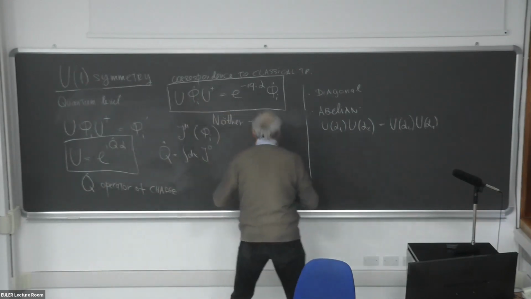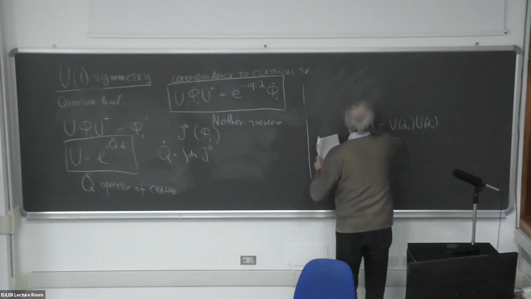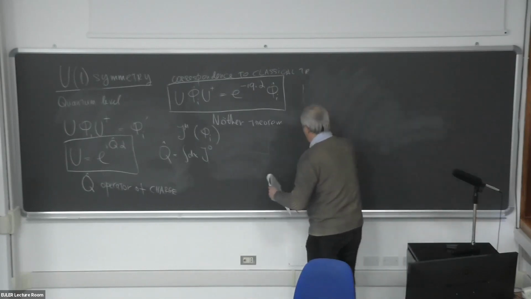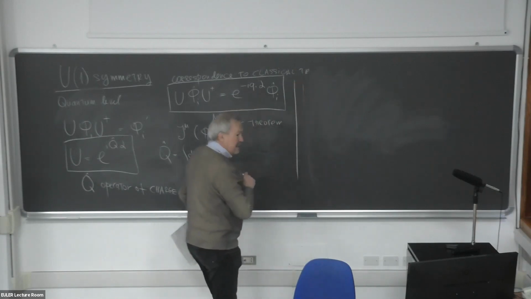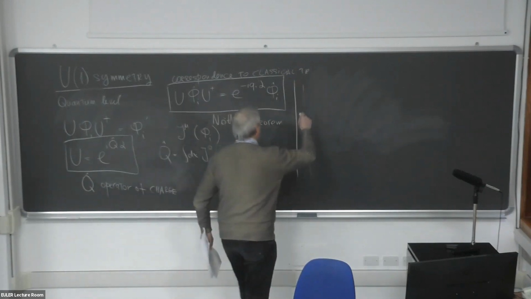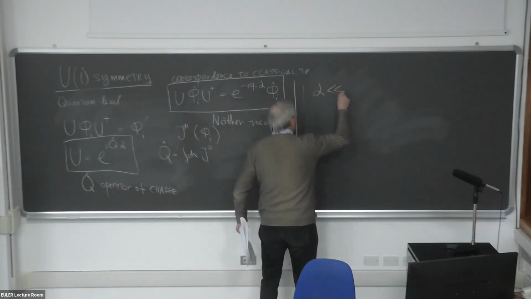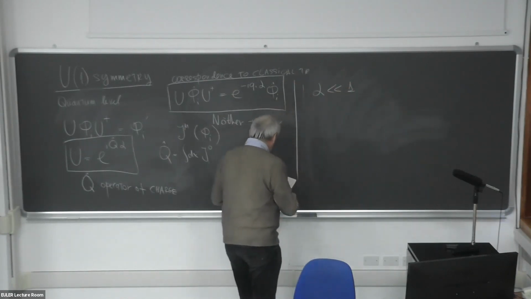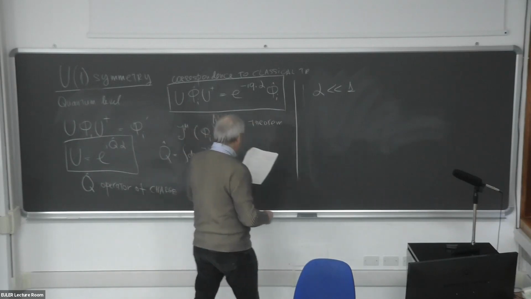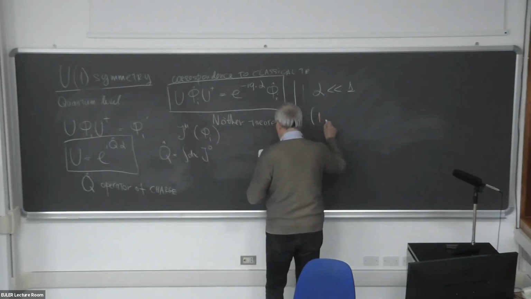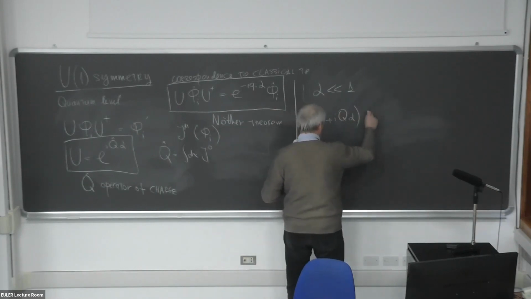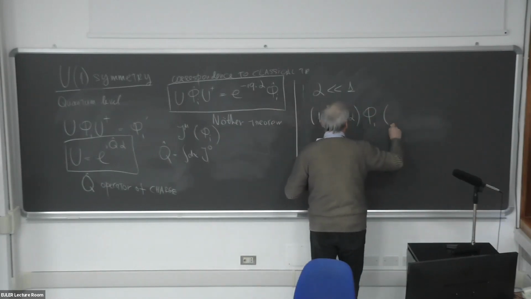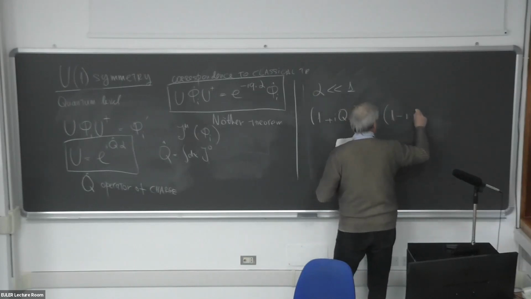Now, let me use this equality for an infinitesimal transformation. So suppose α is much smaller than 1. Then what we have on the left-hand side is (1 + i Q α) φ_i (1 - i Q α).